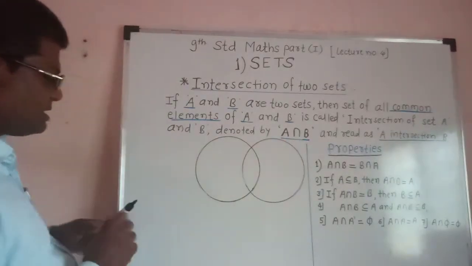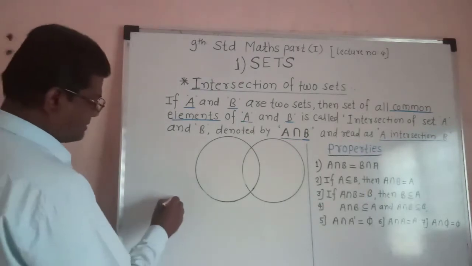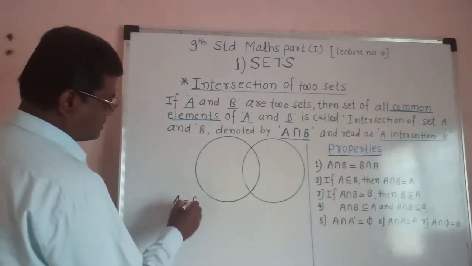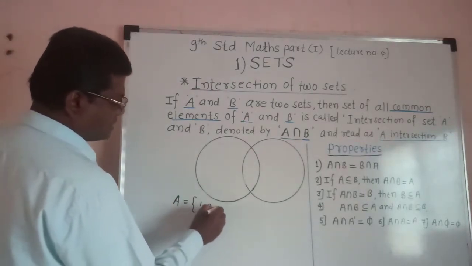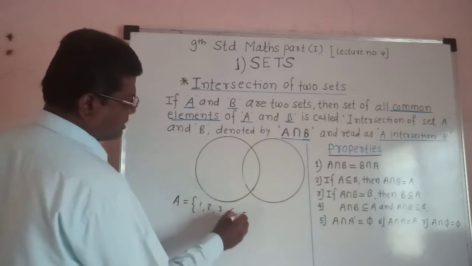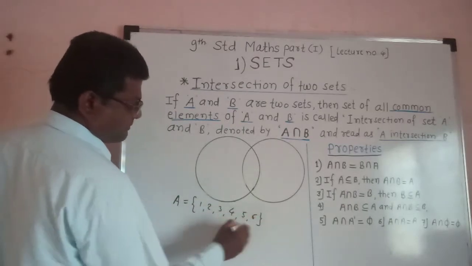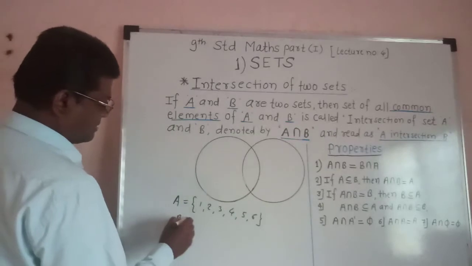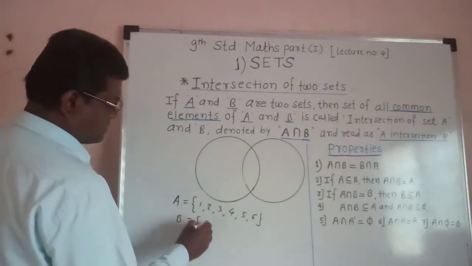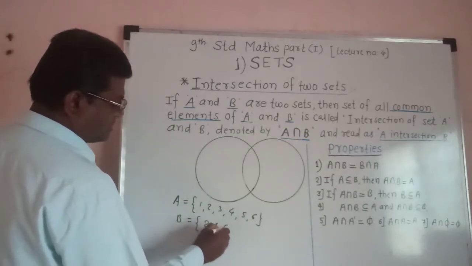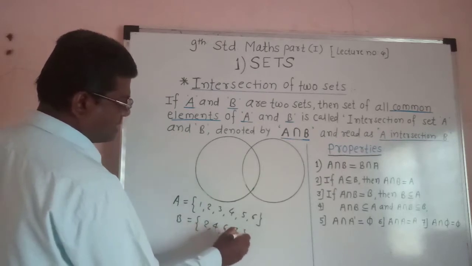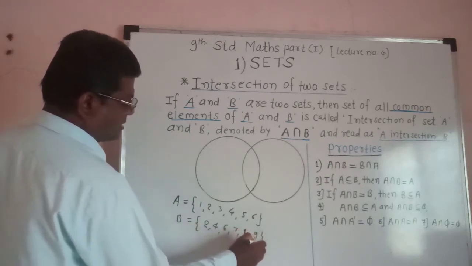For example, consider one set. Set A is equal to 1, 2, 3, 4, 5, 6, and one another set B is equal to the set of elements 2, 6, 7, 8, and 9.